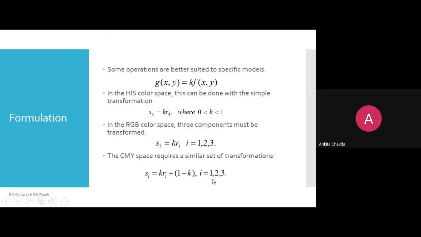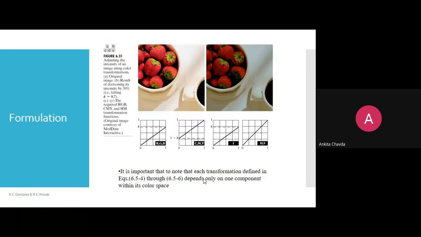So just see this, that is very similar to this one. Sorry, this one is for RGB, right? Very similar to this, plus 1 minus K you are including, right? So they are doing this 1 minus K, right? So that is totally reverse of it. You are just decreasing that from the below, or something like that.